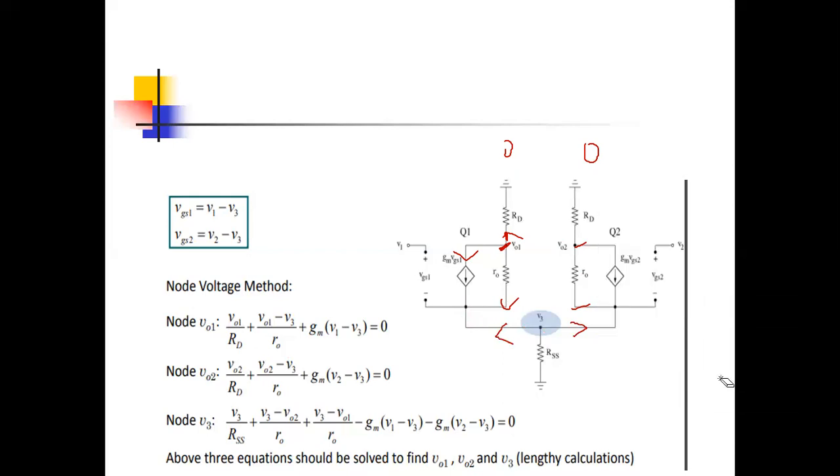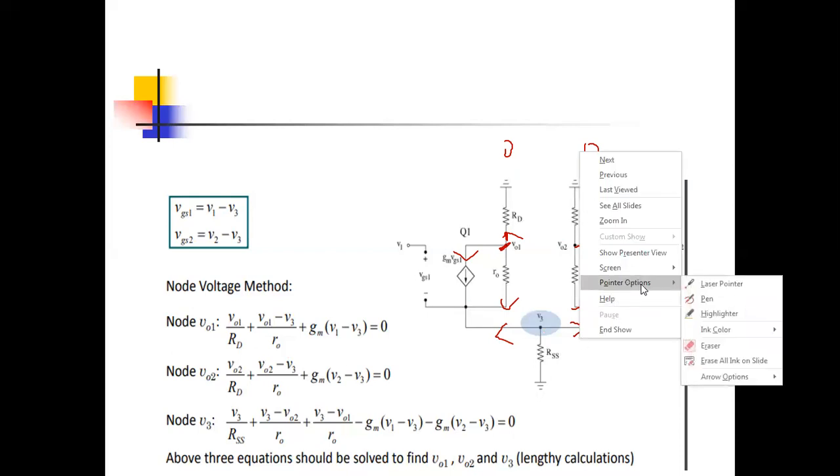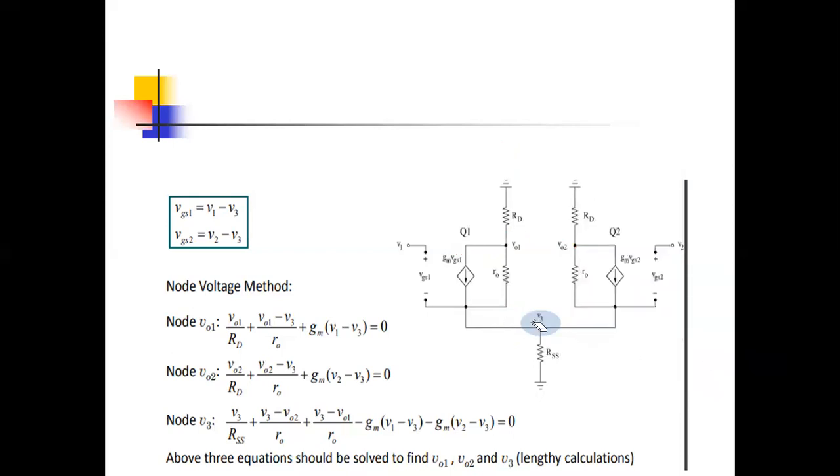Wait a minute. See, here you will make an equation like this: (V3 minus 0) upon RSS, (V3 minus V02) upon R0, (V3 minus V01) upon R0.